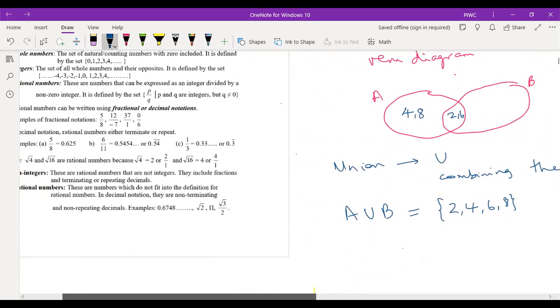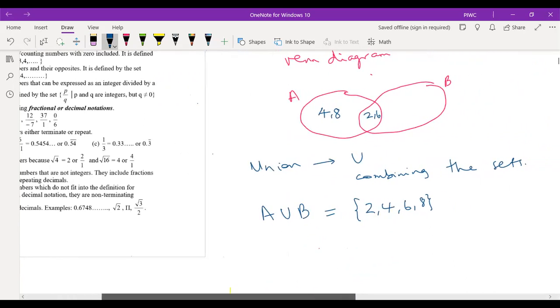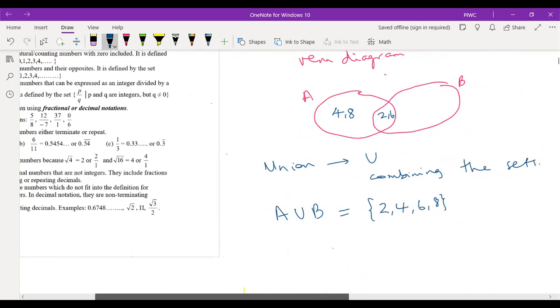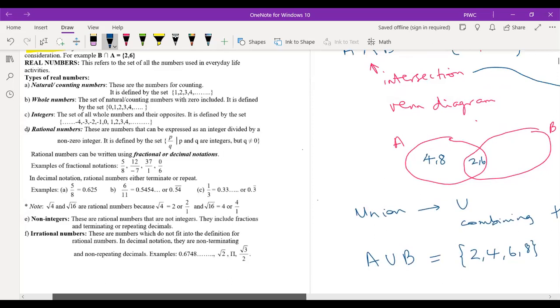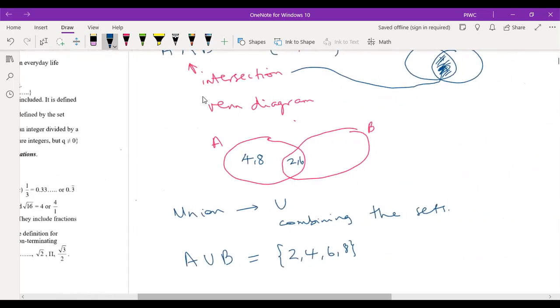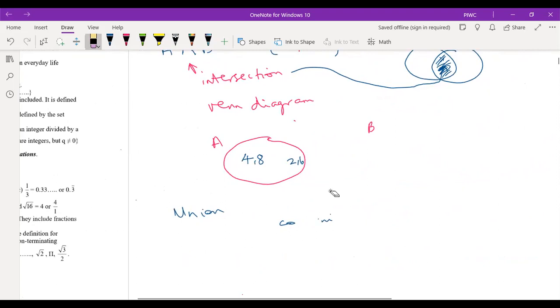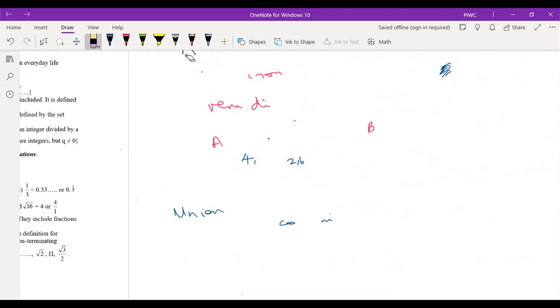Now I want to focus today's lesson on real numbers. What are real numbers? So let's look at real numbers, the beginning of algebra. Real numbers are all the numbers that we use in everyday life activities.